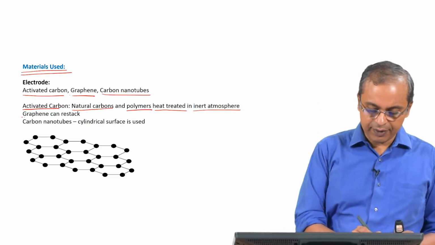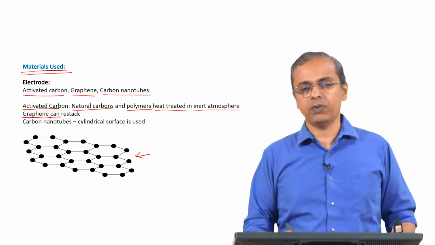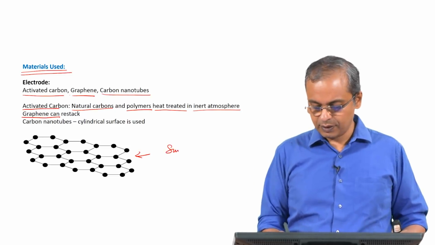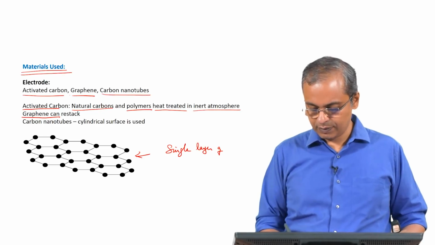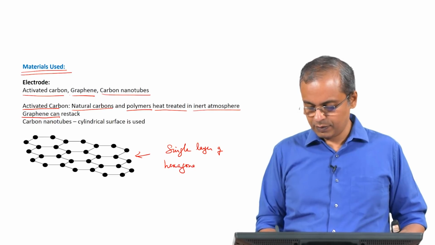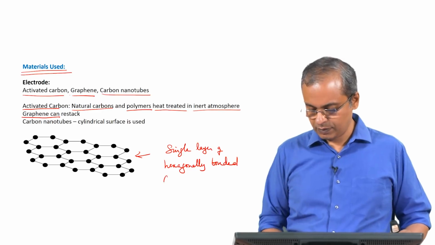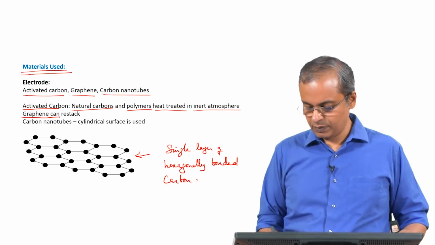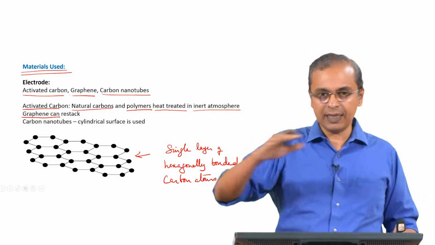Then you have graphene. Graphene is a single layer of hexagonally bonded carbon atoms. So, this has very high surface area because you just have a single layer of atoms.